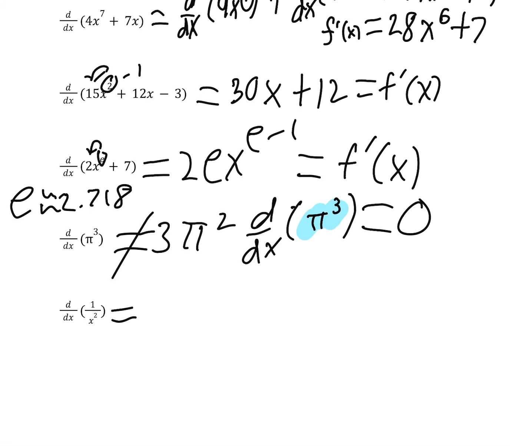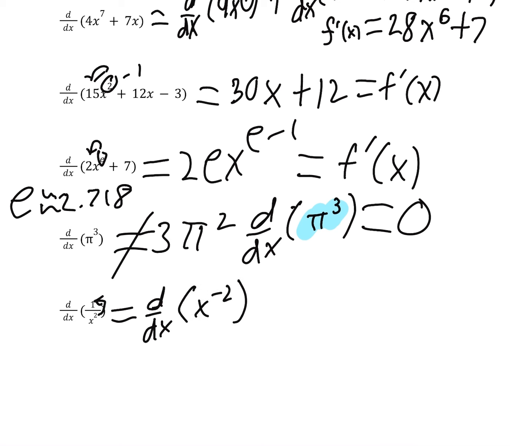Now for this example, you may think, oh, we need to use another rule or something like that. But remember for exponent properties, you can flip the exponent up here, but just make it negative from algebra.